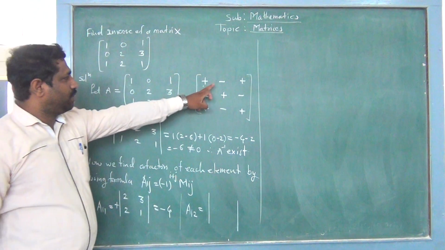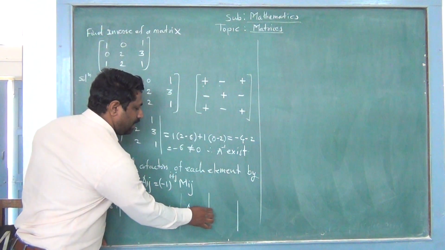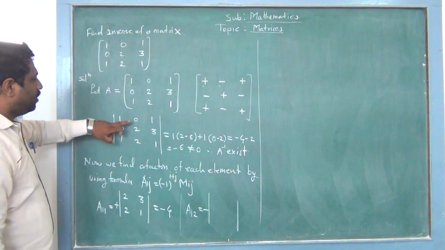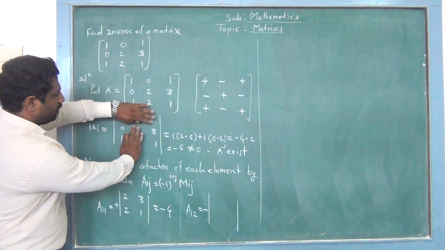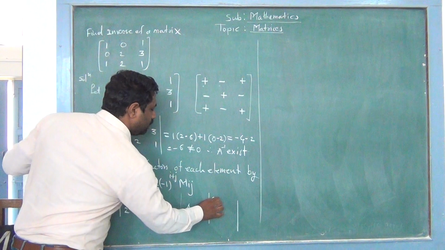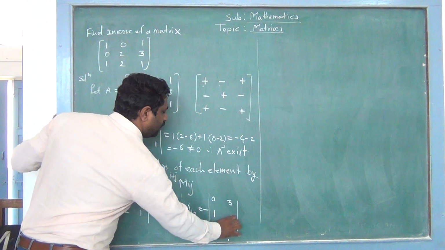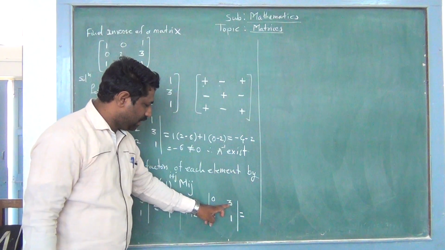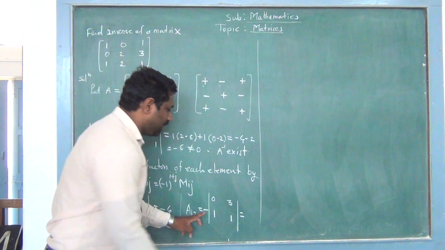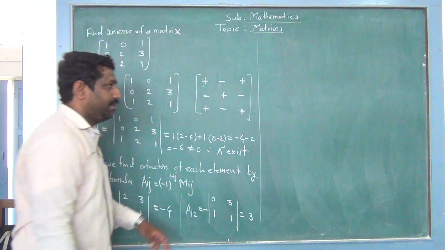Now A12 has sign minus, so we take a minus sign and the minor of that element, so deleting that row and column, [0 3; 1 1]. Now 0 minus 3 is minus 3, and with the outside minus it becomes plus 3.